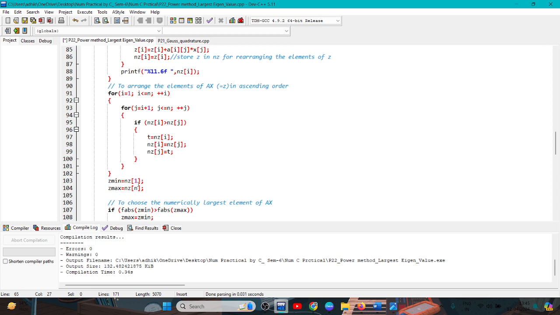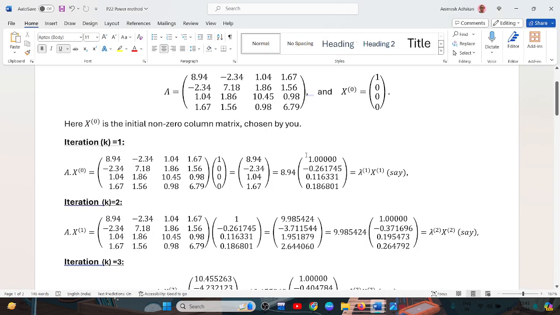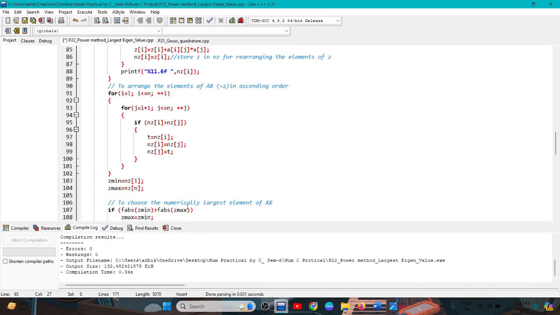We get z minimum equal to nz1 and z max equal to nzn. This is actually a renaming. nz1 is the maximum and nz4 is the minimum value. So z minimum equal to nz1 and z max equal to nz4.